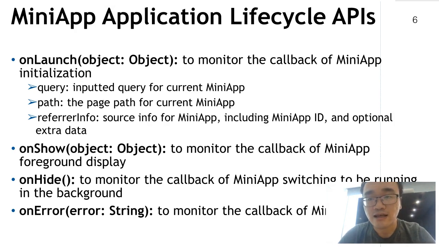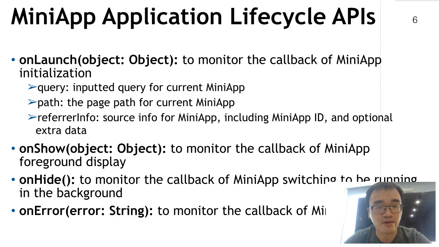So, accordingly, based on the definition of the MiniApp lifecycle states, in slide 6, here are the proposed APIs for the MiniApp application lifecycle. First, we have the onLaunch API to monitor the callback of the MiniApp initialization, and its object contains 3 parameters. First is the query.